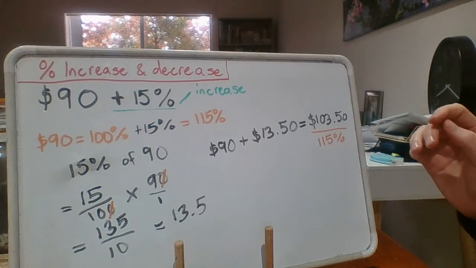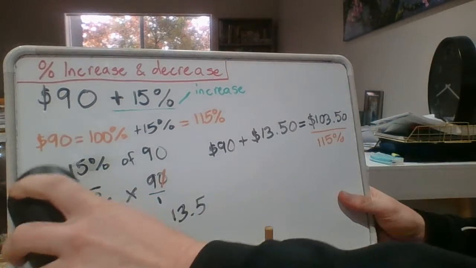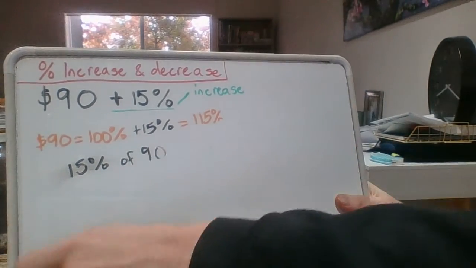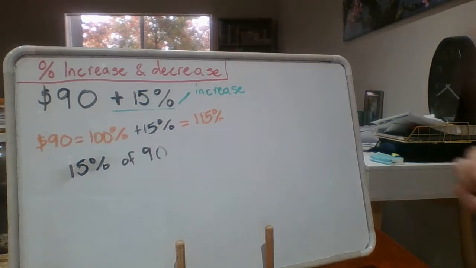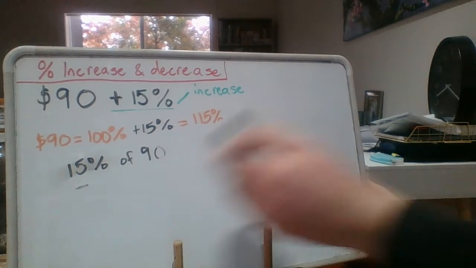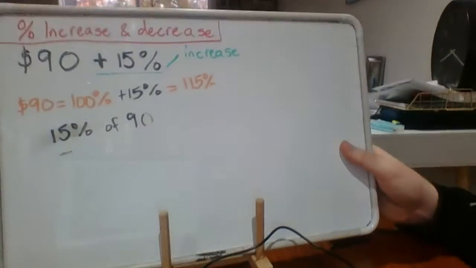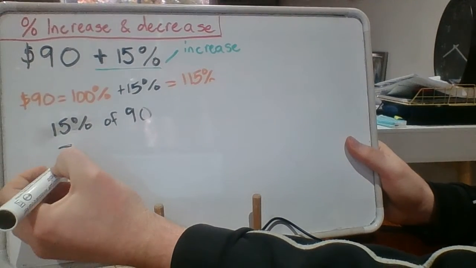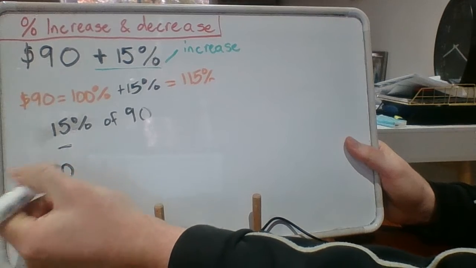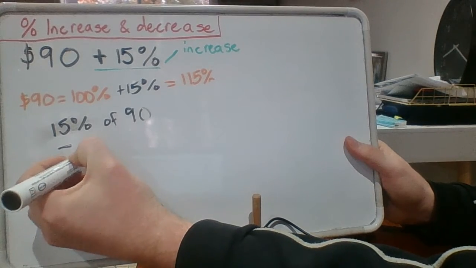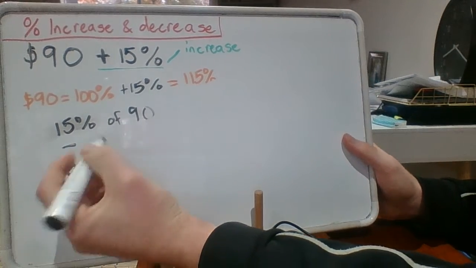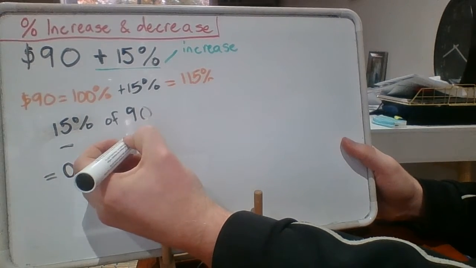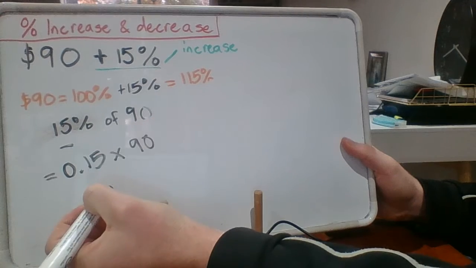Another way you can do it, which can be quicker, and I'll show you now, is if we represent this percentage here. I've done lots of work on converting fractions, decimals, and percentages. So we know that 15% is the same thing as 15 hundredths. Now I've got 15 hundredths, the same as before, times 90.